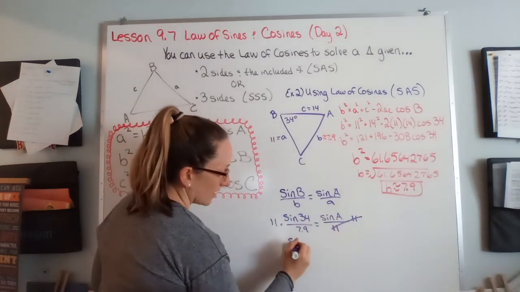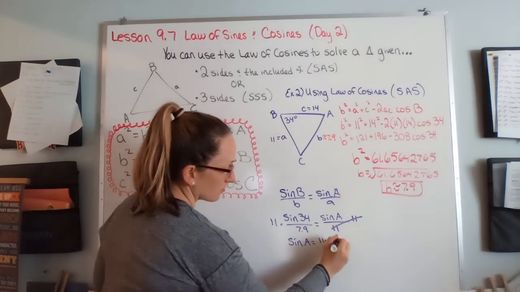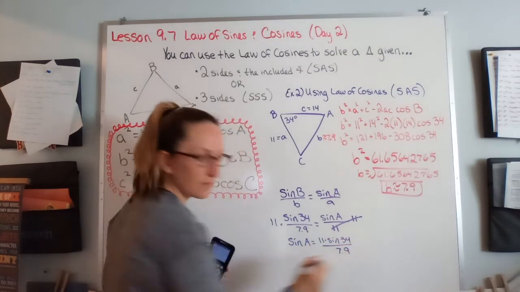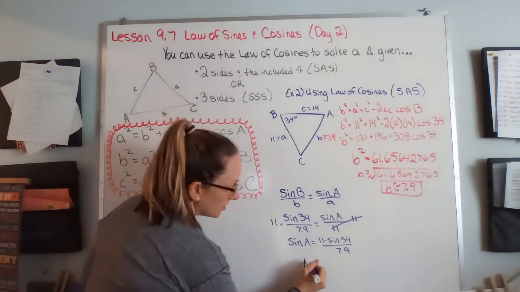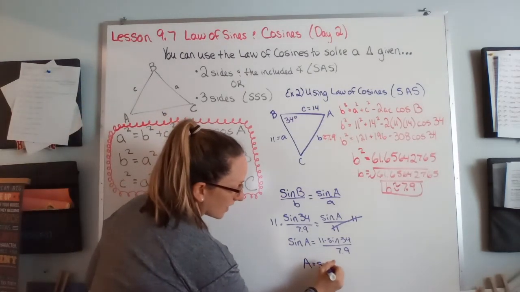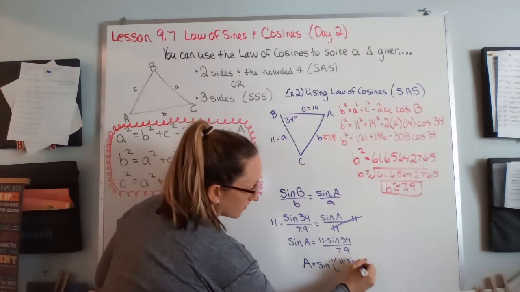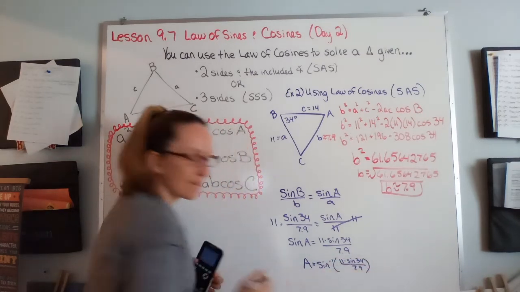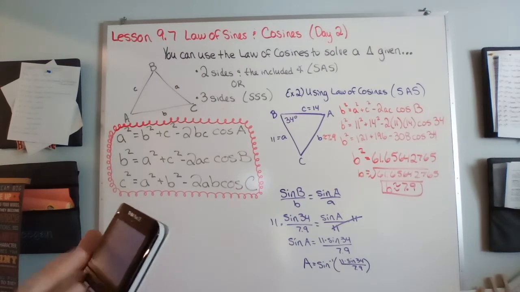So now I have sine A is equal to 11 times sine 34 over 7.9. To get A completely by itself, I have to take the inverse sine of both sides of the equation. So A is equal to the inverse sine of 11 times sine 34 over 7.9. That is what you're going to plug into your calculator. Okay, so inverse sine, I'll show my calculator in a second.